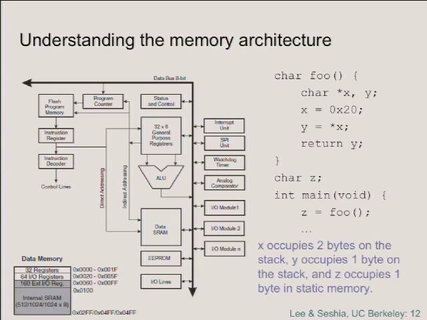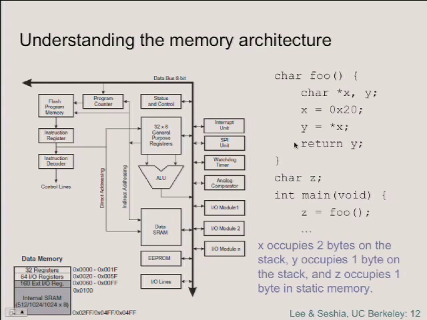So these variables exist only during the execution of this procedure. The memory is allocated on the stack, and consequently, when this procedure returns, that memory is effectively freed and can be overwritten by something else, another procedure call, for example.